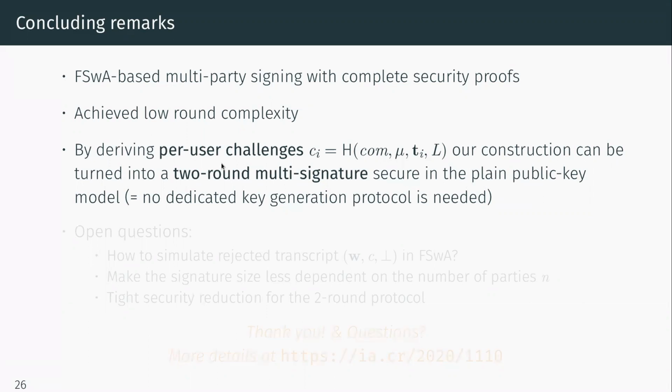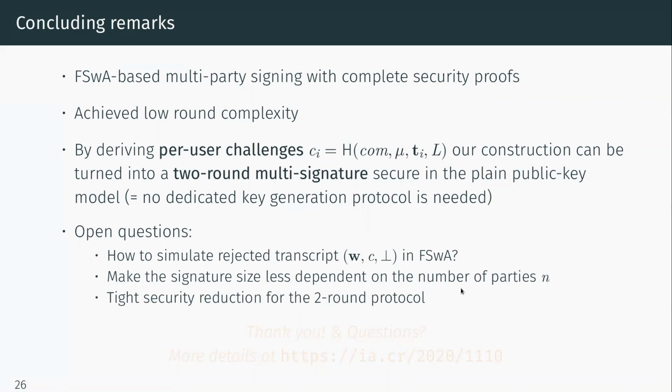Here, instead of deriving a single joint challenge, we generate a per-user challenge by hashing the public key of each user. This is how we can construct the multi-signature that only has two rounds, and that can be proven secure in the plain public key model.